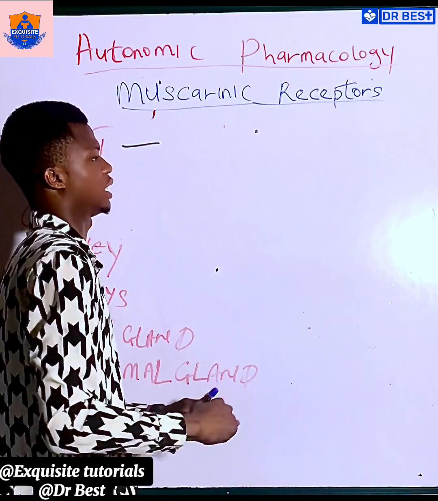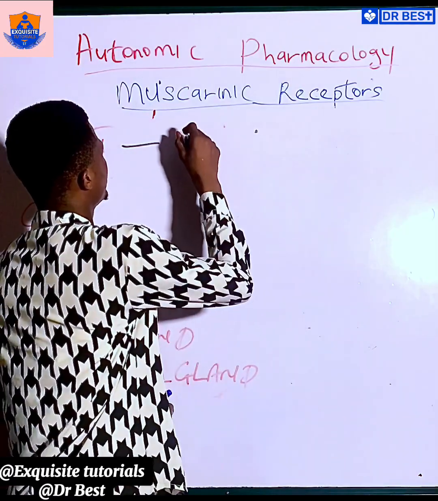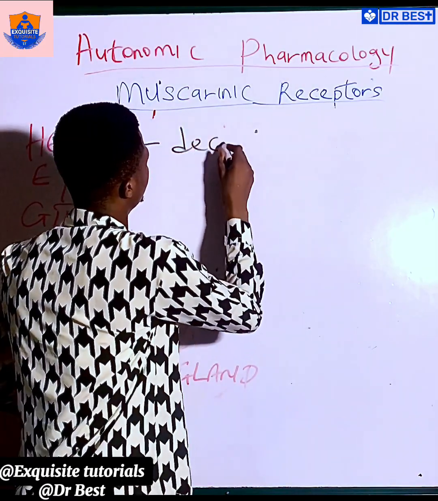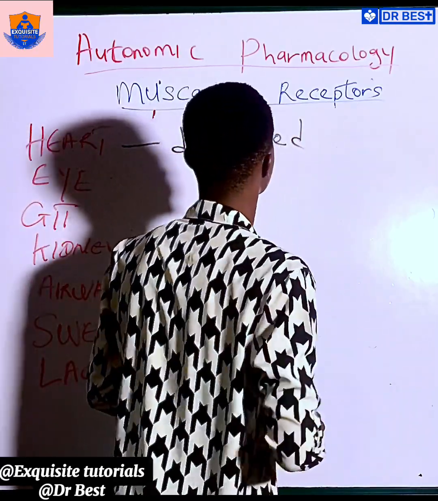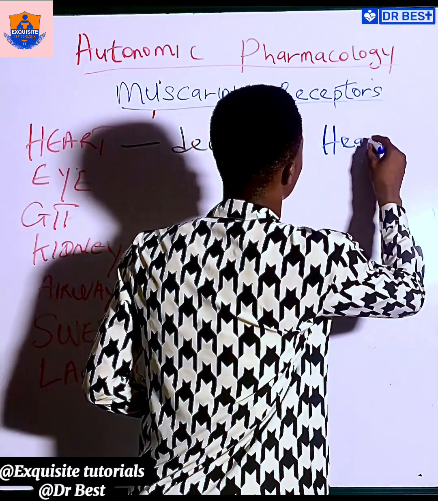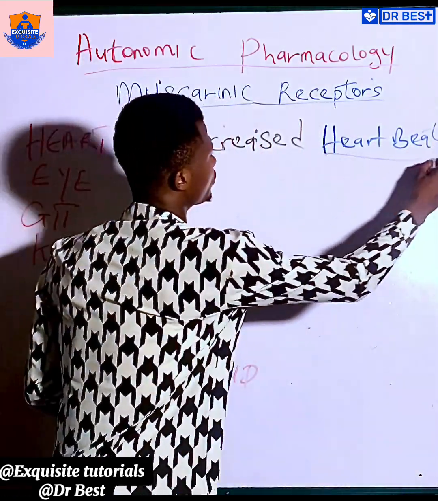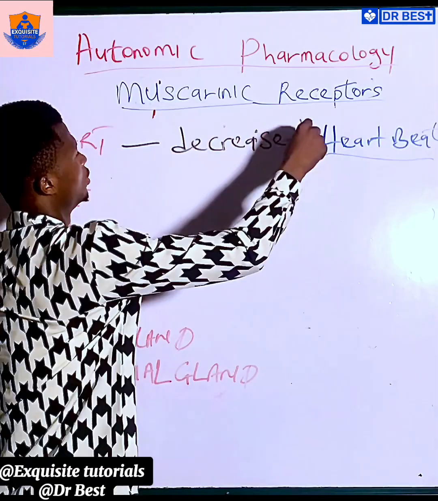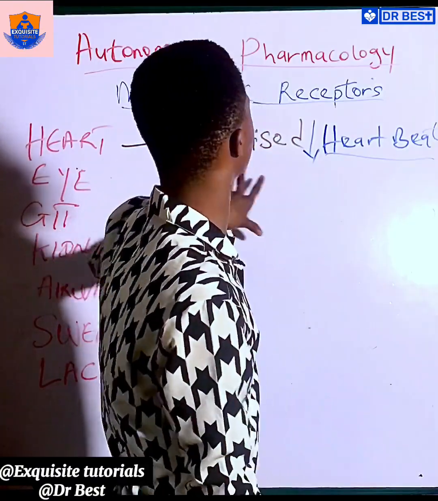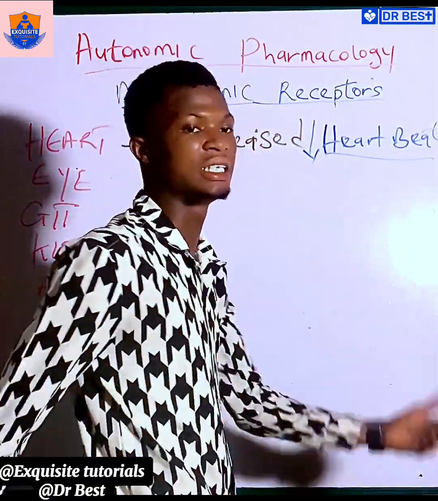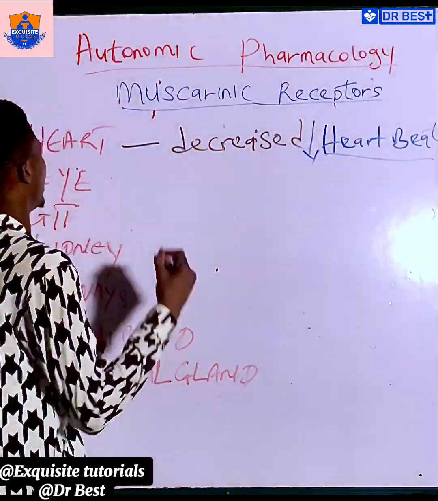When M2 receptors in the heart are stimulated, there's going to be a decrease in heartbeat, which can lead to bradycardia.